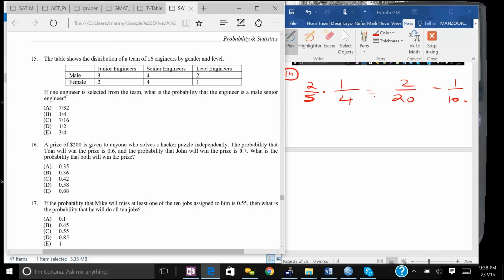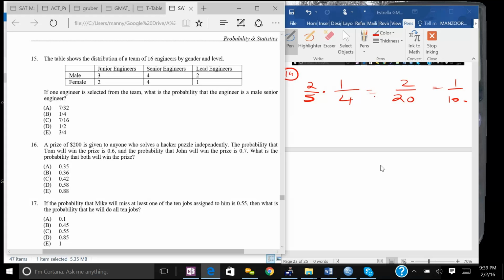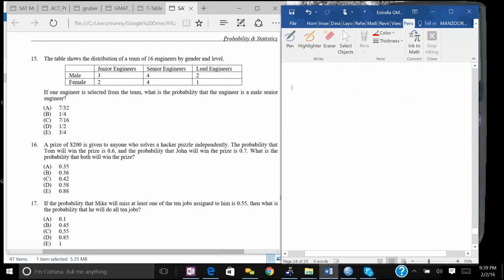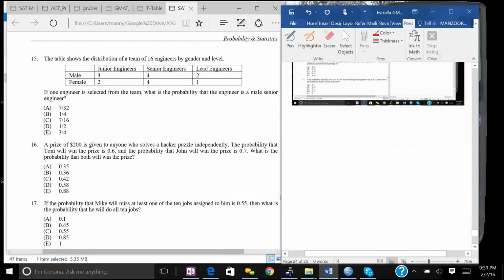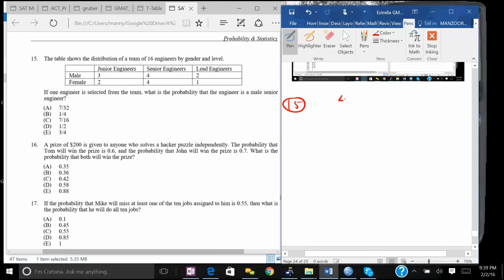So the probability should be these 4 out of the total, right? Which is 4 out of 16. Total is 16. Okay, how about 16?